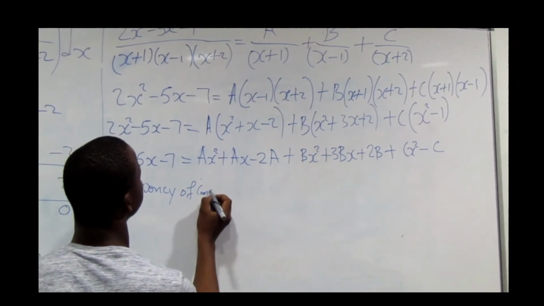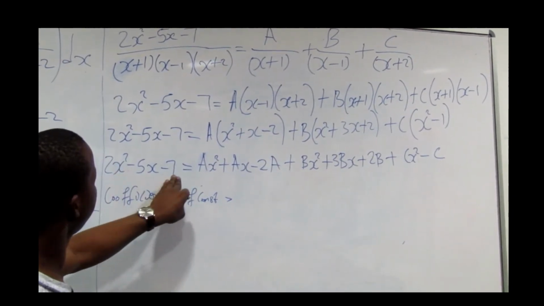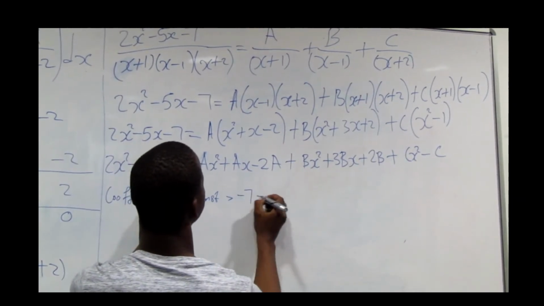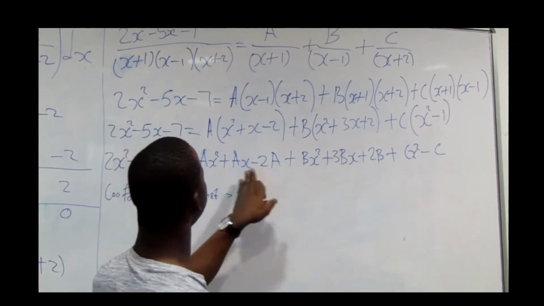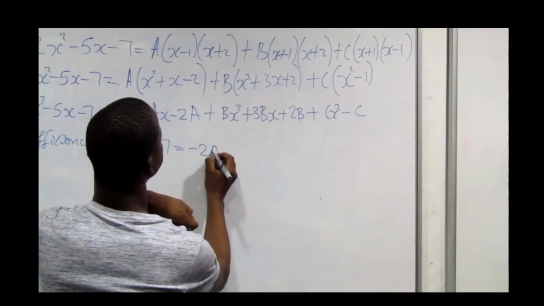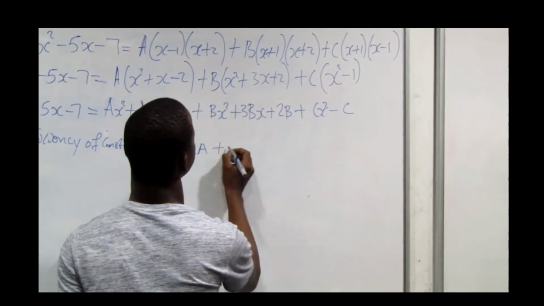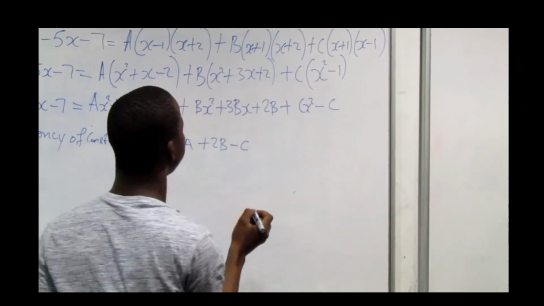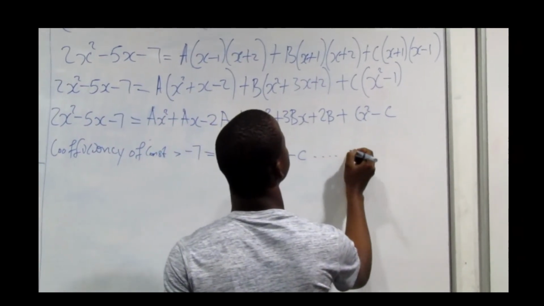Any number that doesn't have x here is -7. You say -7 equals, here you look for any number that doesn't have x: -2a, then +2b, then -c. Then this is going to be your equation 1.